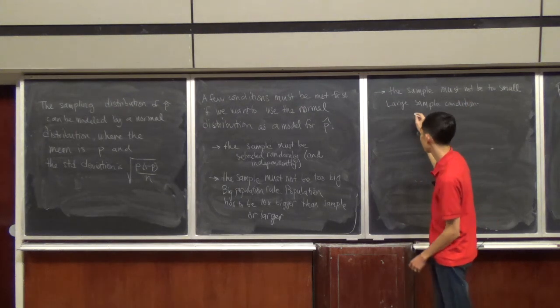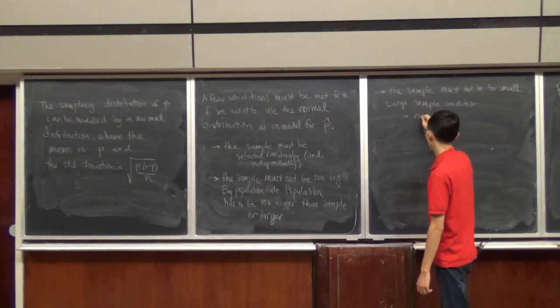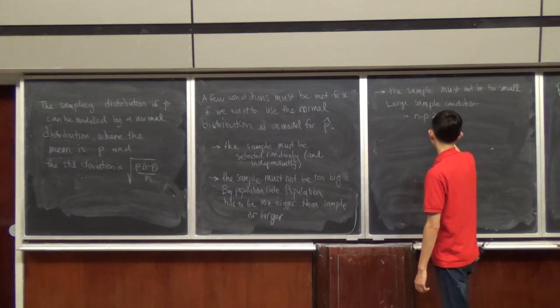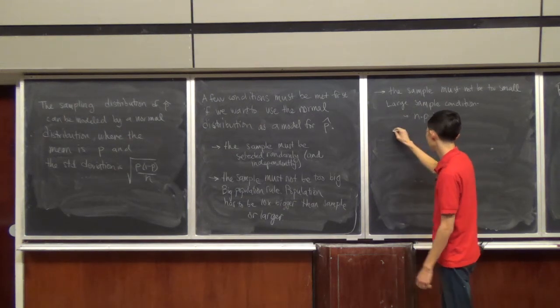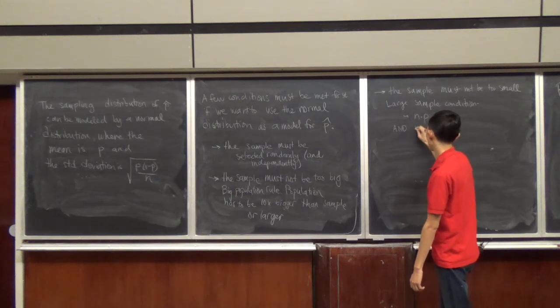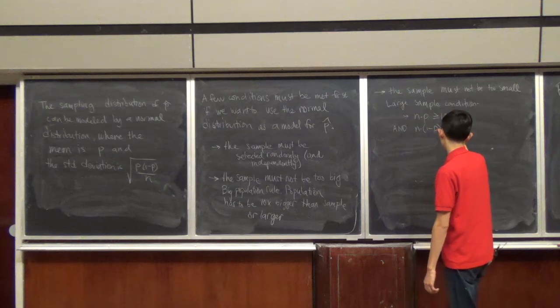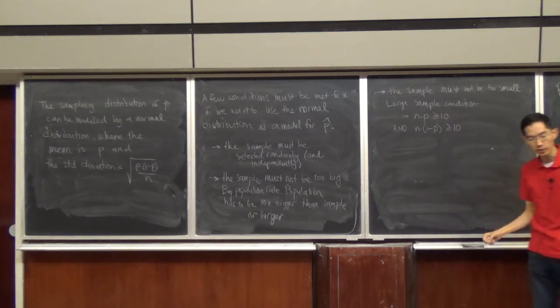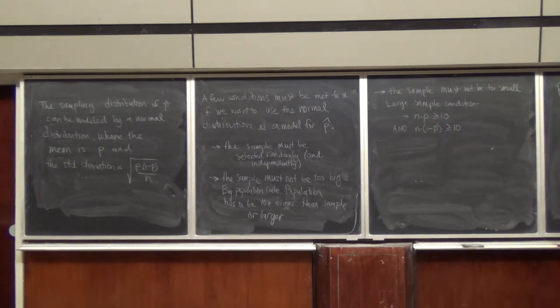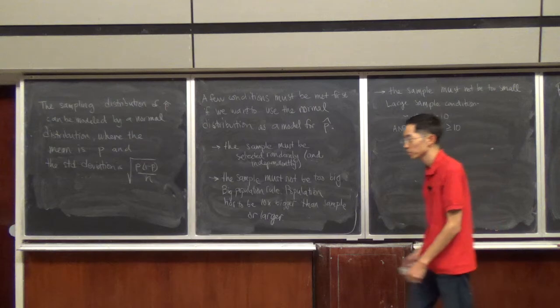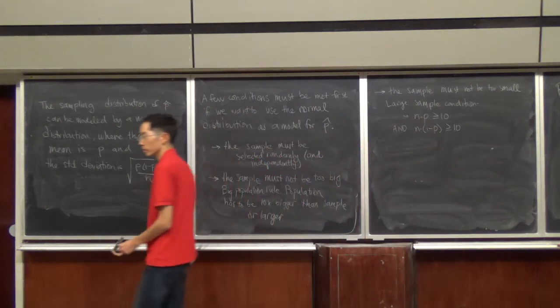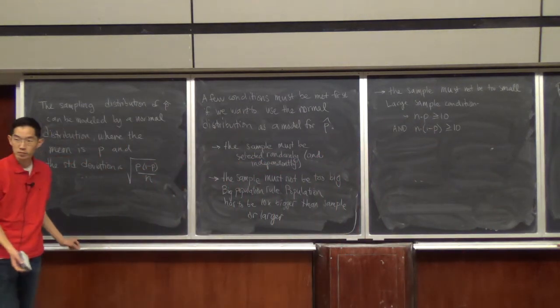In this case there are 2 parts: n times p has to be bigger than or equal to 10, and n times 1 minus p has to be bigger than or equal to 10.